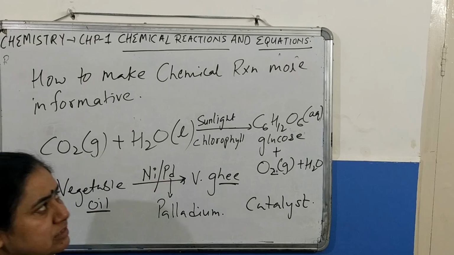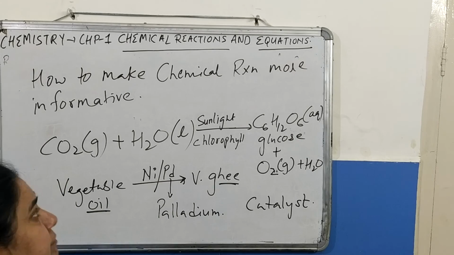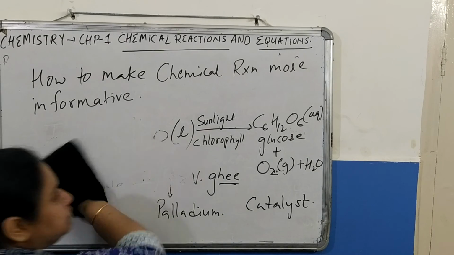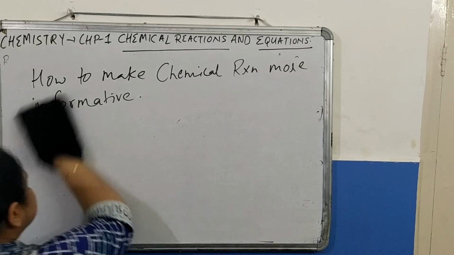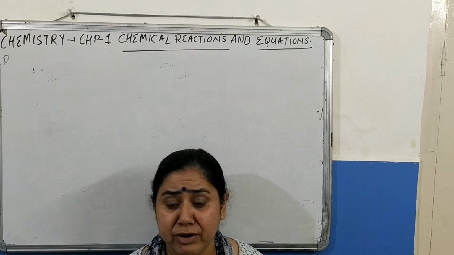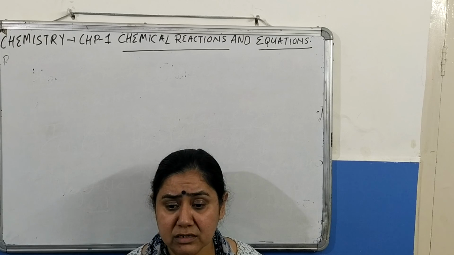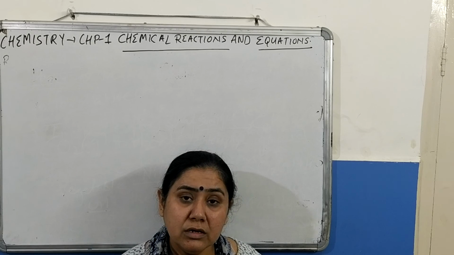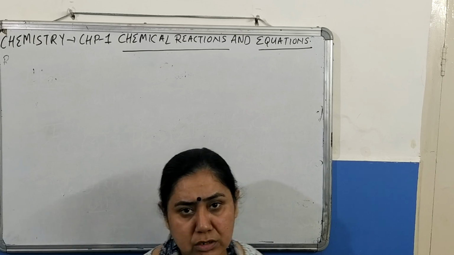So the 3 ways to make the reaction more informative are indicating the state, second by indicating the temperature, and the third one is what? Yes, mentioning the condition on the top.